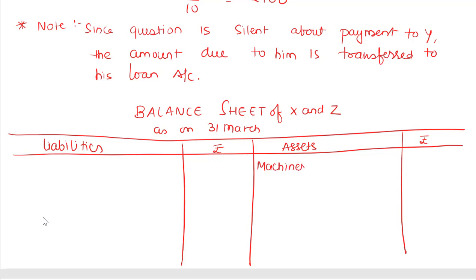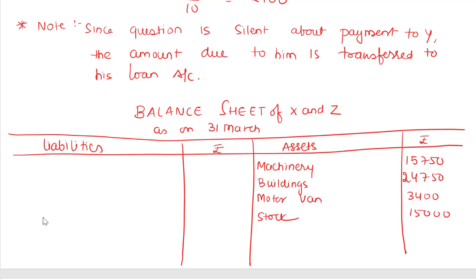In assets, write machinery 15,750, then buildings 24,750, motor van 3,400, stock 15,000, debtors 8,000 less provision 1,225, that is 6,775, and cash at bank 1,250.